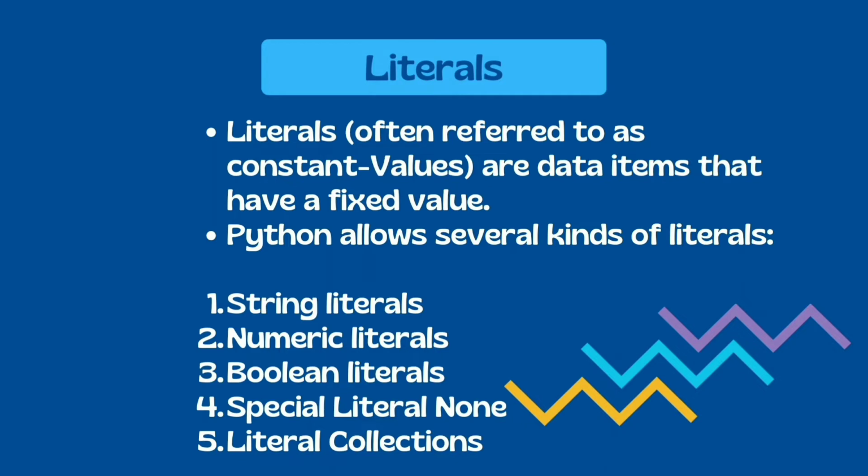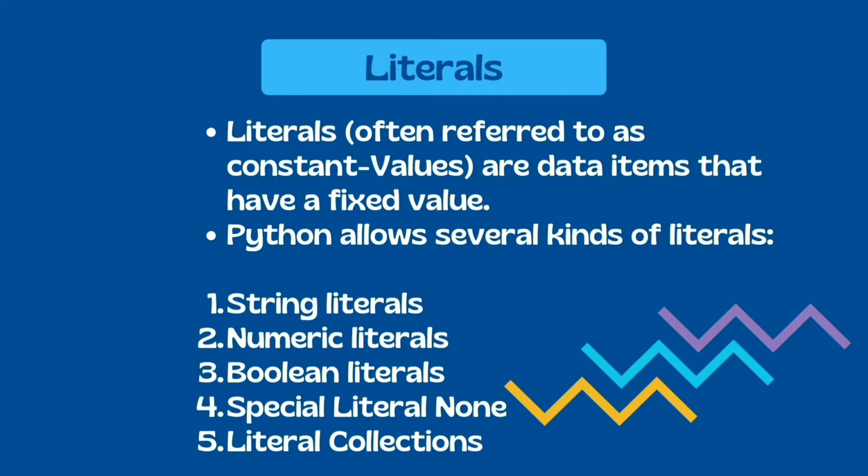We have several kinds of literals such as string literals. Definitely a string value is a string literal. Numeric literal, any value comprising of numbers is a numeric literal. Boolean literals, there are two, true and false. After all, true and false is also a value of any kind of variable, so that's why it is also a Boolean literal. Special literal, that is none. Okay, none means it is equivalent to null.